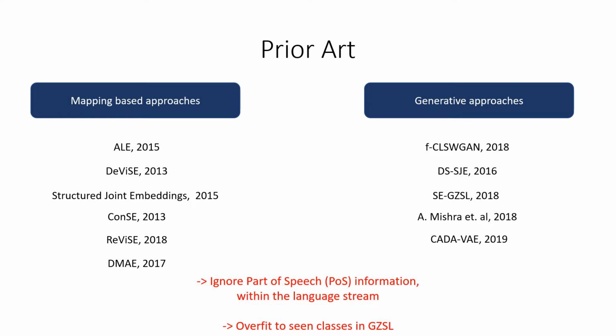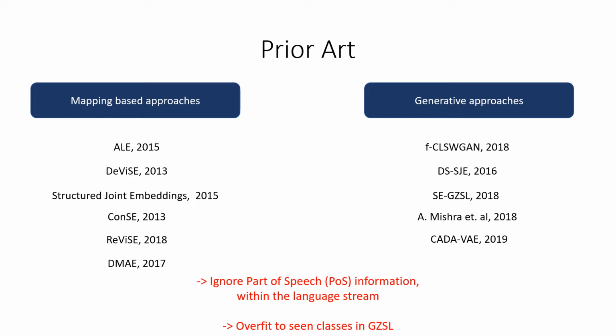The others are generative approaches, wherein the unseen samples or features from the unseen samples are generated using either generative adversarial networks or variational autoencoders, and later a classifier is learned on top of them. However, as shown before, all these approaches ignore the syntactical or parts of speech information encapsulated within the data from the language stream.